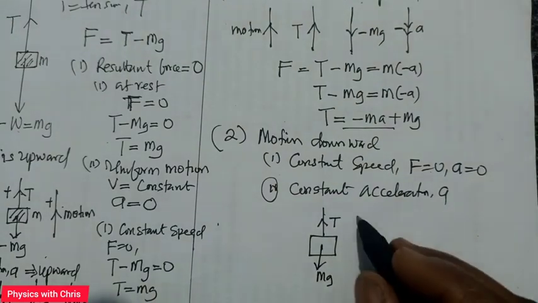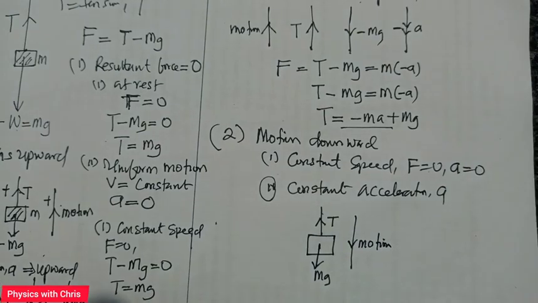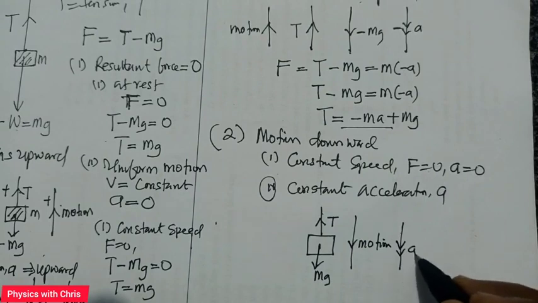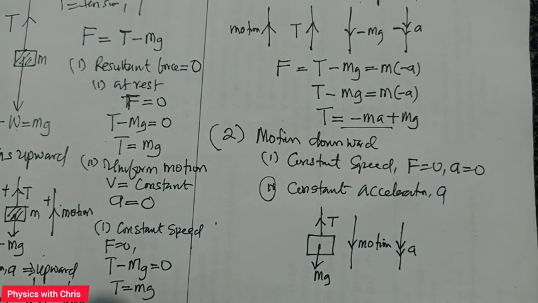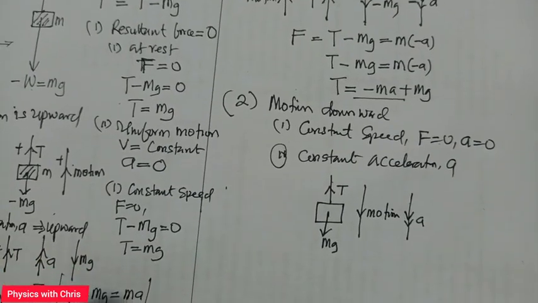Since the motion of the body is downward, the acceleration is in the same direction as the direction of motion, because as the body moves down, it moves with a constant acceleration. That is to say, the speed increases in the downward direction. When the body moves with an acceleration, it moves with increasing speed in that particular direction. So in this case, we are going to write an equation for the resultant force that acts on this body.